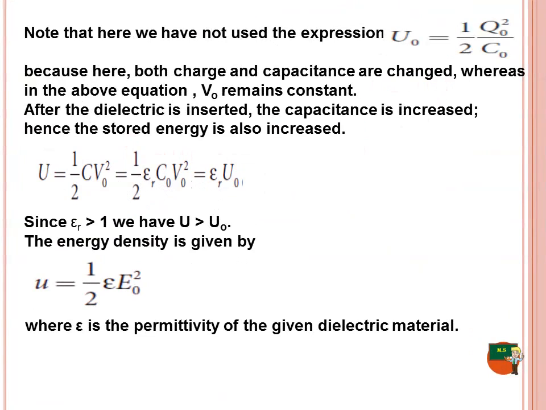Now, since we know epsilon r is greater than 1, U is greater than U naught. Then the energy density is given by u is equal to 1 by 2 epsilon into E square, where epsilon is the permittivity of a given dielectric material.